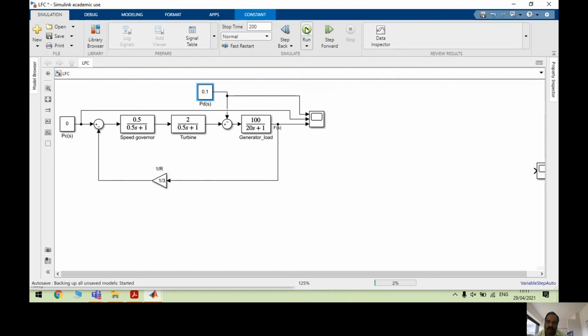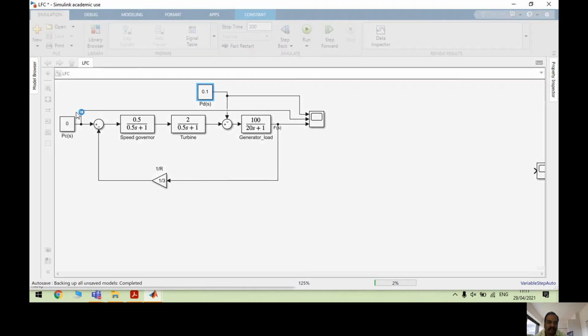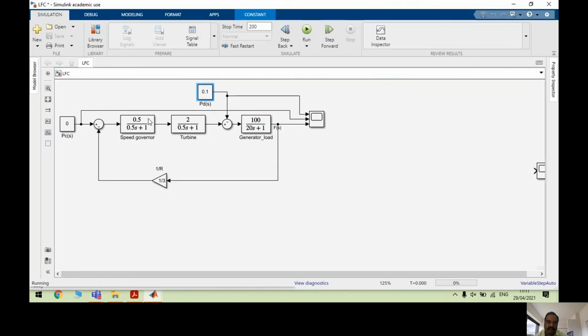If you can carefully see, the manual setting is not in control. Only the demand is varying by 10%, with 0.1 per unit. Now, what must happen to the system?